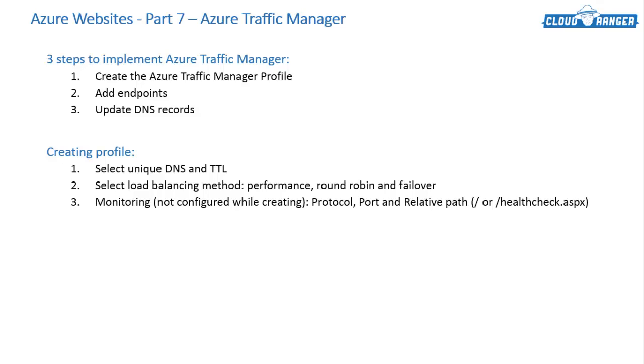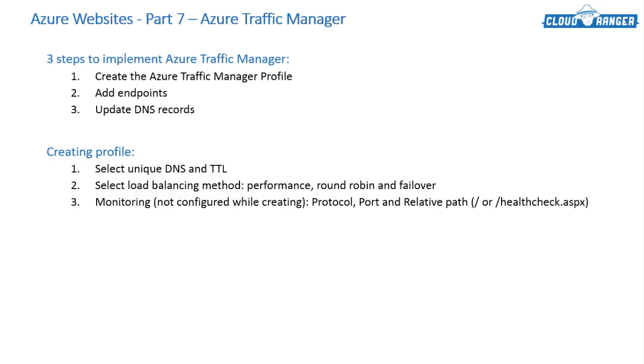So the way performance will work is that if you are in North America, you are closer to the US East location. So your traffic will basically go to the website that's in US East, if you're in Canada or USA or Mexico, whatever, because you are geographically closer. Okay, so you are having better performance by going to a data center that's located in North America.